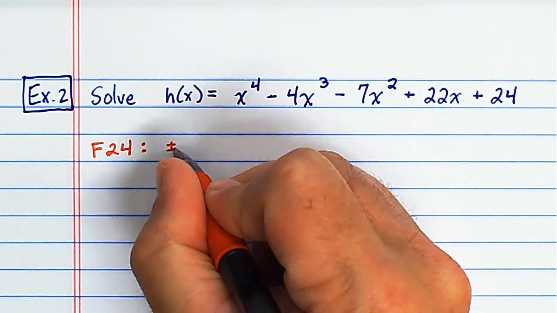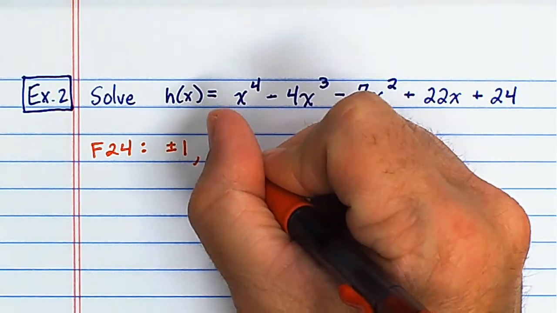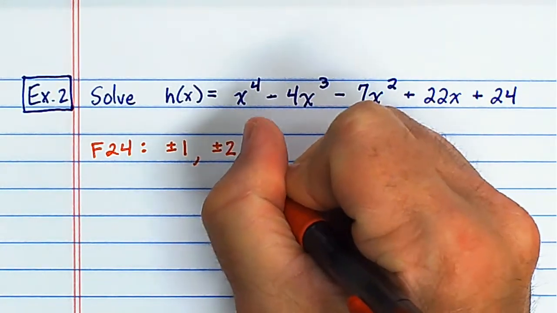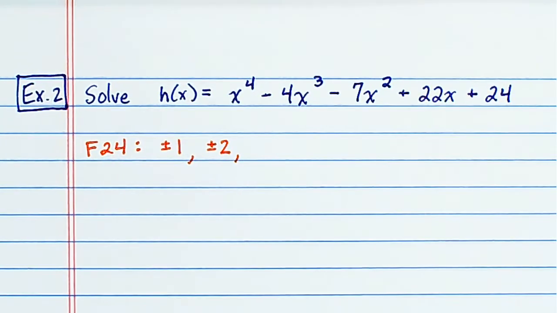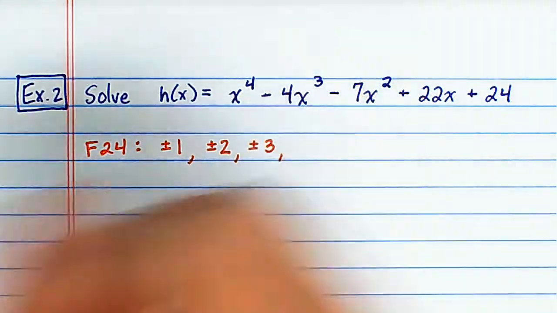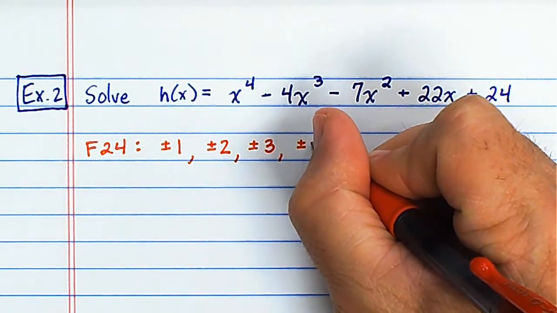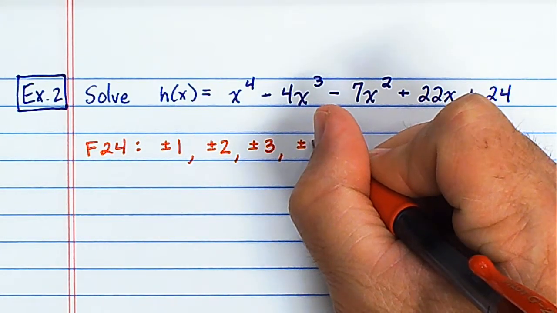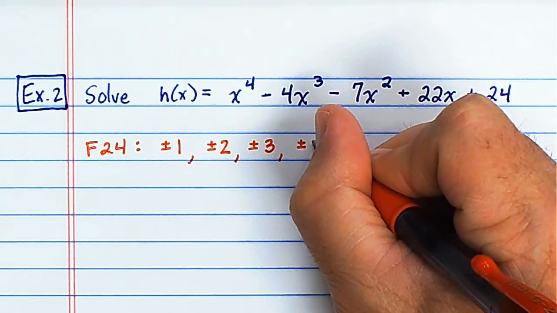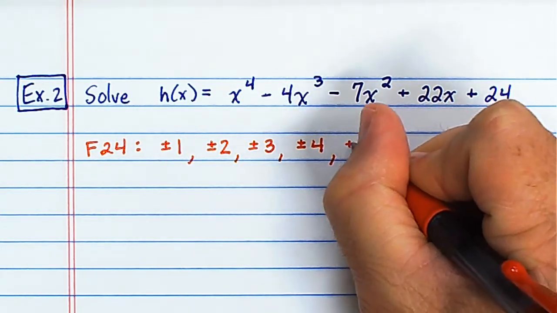So we know 1 goes into 24. 1 goes into every number. What's the next number that goes into 24? 2, plus or minus 2. What's the next number? 3. What's the next number? 6. One before that, 4. 4 times 6, yeah. 4, then 6.